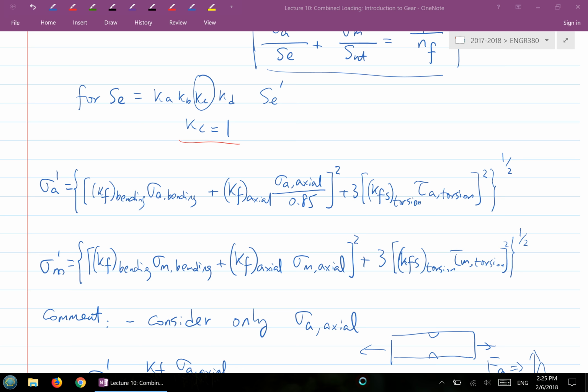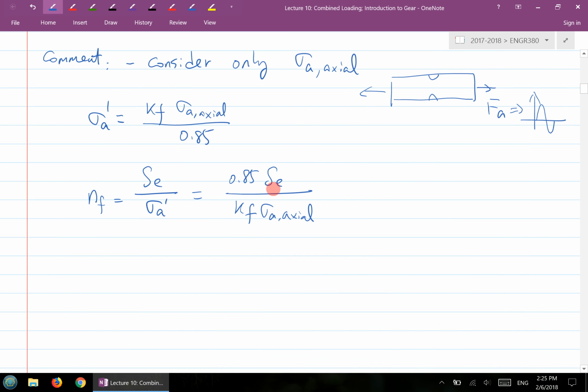But if you recall when we learned the Marin factors for the SE, if the loading is purely axial, the Kc is actually what value? I'm not sure if you recall that. The Kc is actually 0.85. Okay? So that's where the 0.85 shows up right here, right? There's nothing contradicting each other, basically.